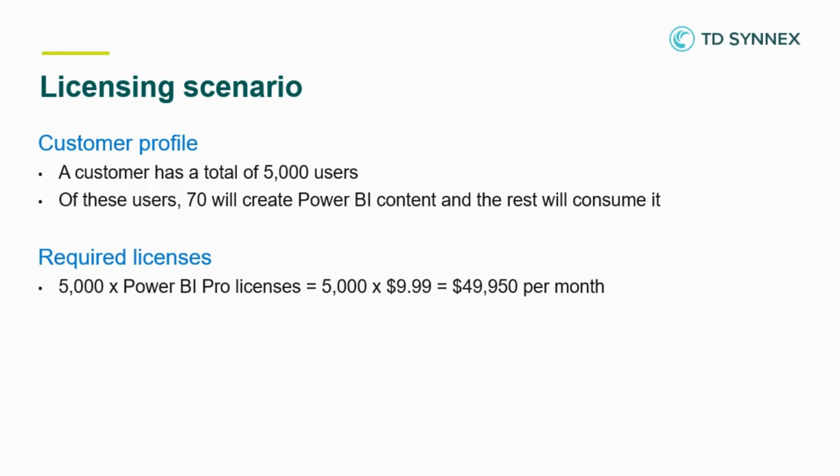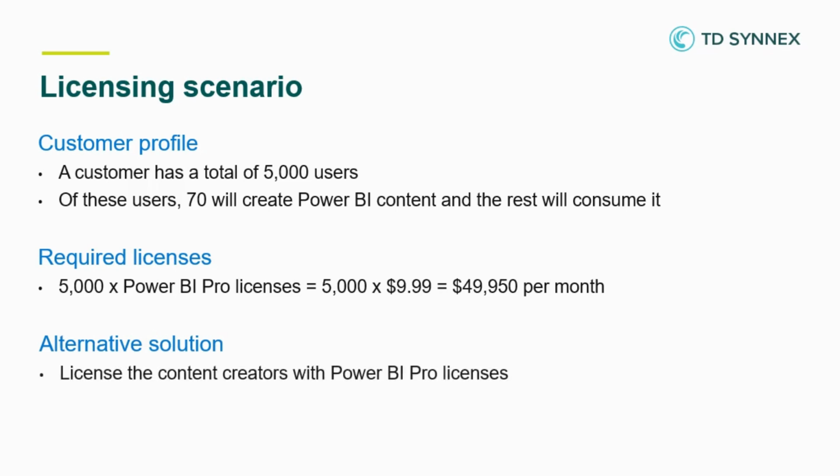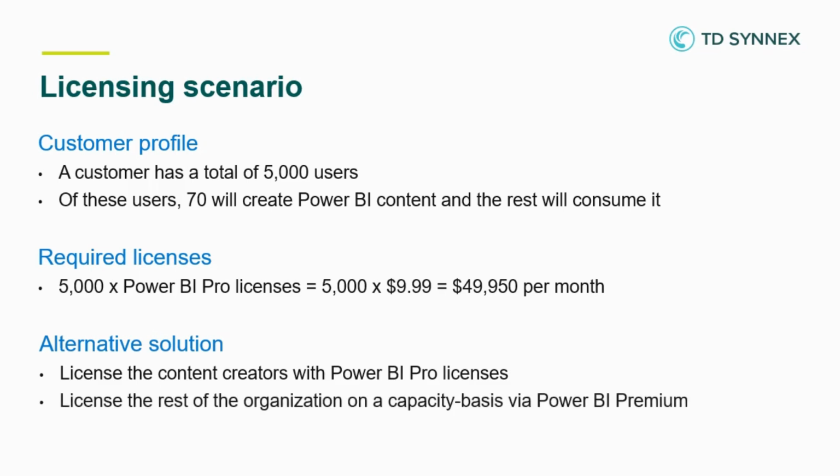However, there is an alternative option that is available for when you're licensing large numbers of users to consume shared content. So it is important to remember that we always need to license the content creators with Power BI Pro licenses. But we can license the rest of the organization who are consuming the shared content on a capacity basis via something called Power BI Premium.